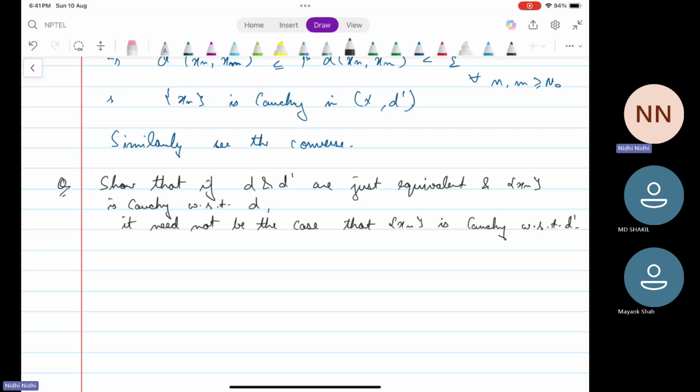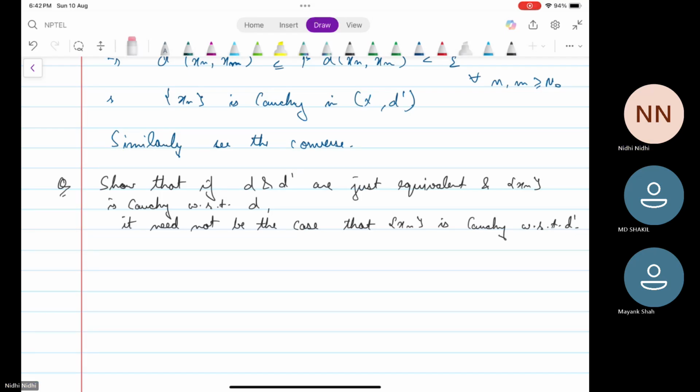If you remember, in order to see the difference between mere equivalence and strong equivalence, we used a metric of the form D'(x,y) equals D(x,y) upon 1 plus D(x,y). The point is that this metric is always bounded, and we know that in R, a bounded sequence has a Cauchy subsequence.